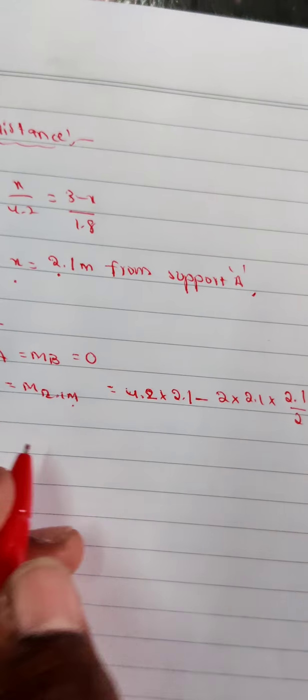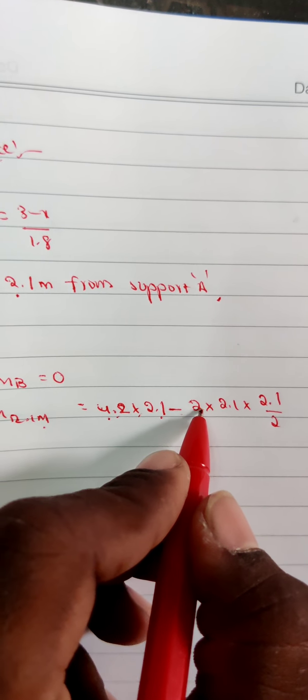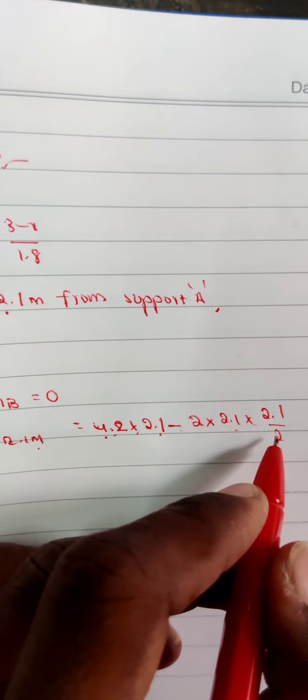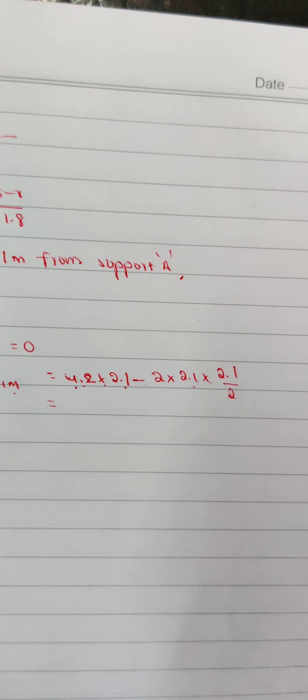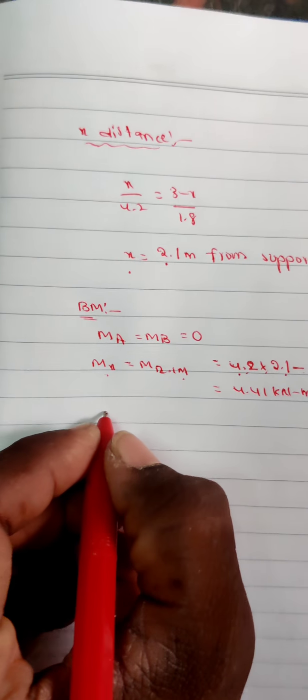So I write it like this: 4.2 into 2.1 minus UDL load 2 into 2.1 into half of the distance, 2.1 by 2. I got the value of 4.41 kilonewton meters.